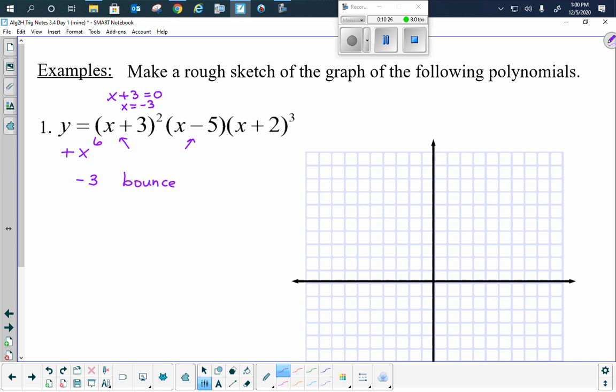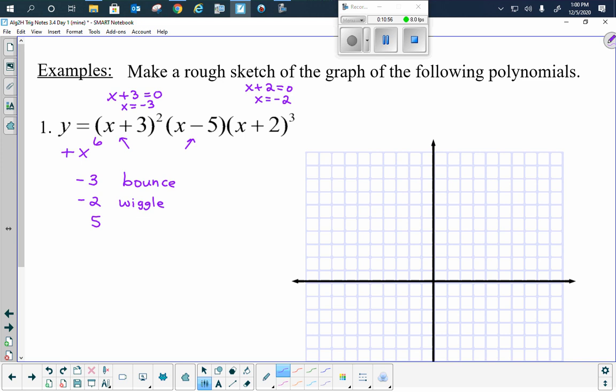Okay, I like to kind of try to put them in order for the graph. So -2 is going to be next, and then 5. At -2, well, since this is x plus 2, all I did was solve this. Since that x plus 2 is to an odd power, that makes it a wiggle.